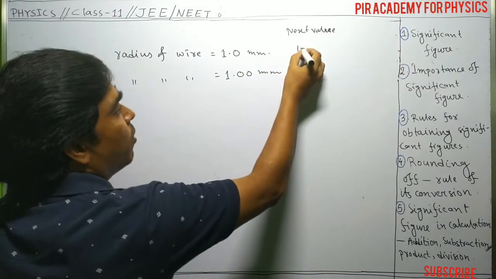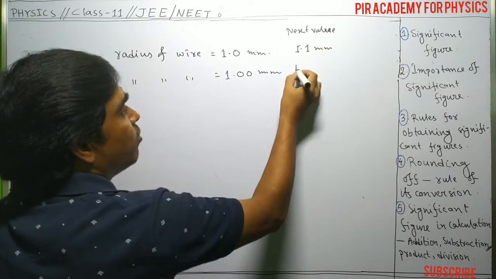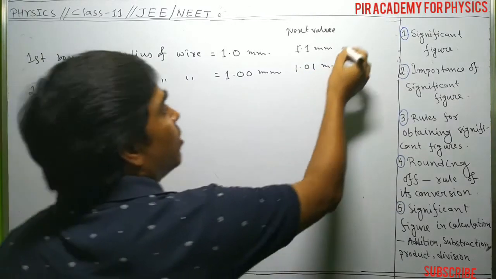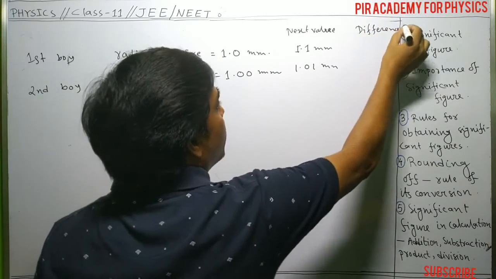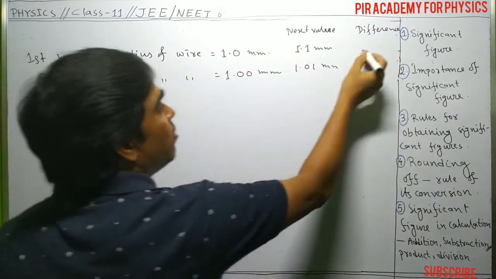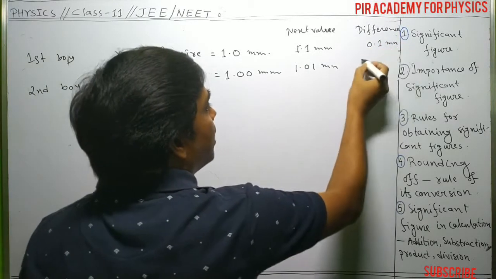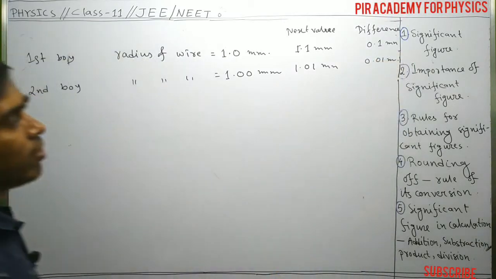It is 1.1 millimeter here, and 1.01 millimeter here. Then the difference between these is 0.1 millimeter here, and 0.01 millimeter here.